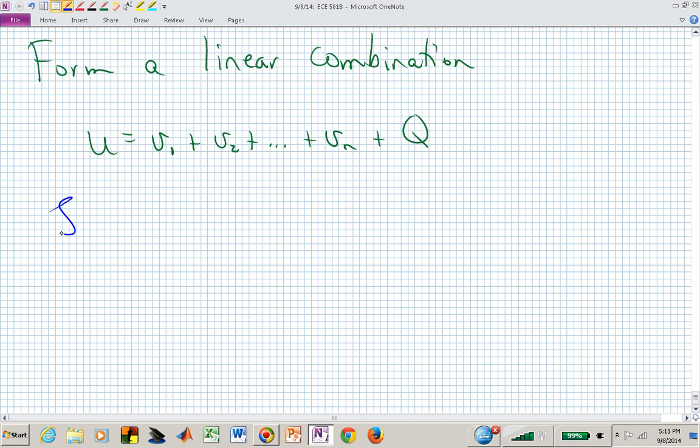So now let's solve for Q. Q is now equal to U minus V1 minus V2 up to V sub n.